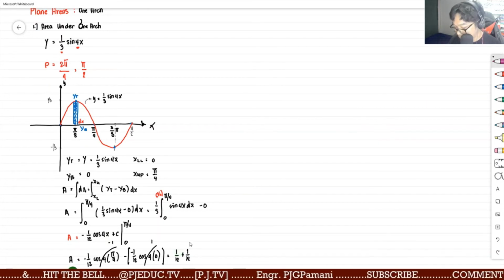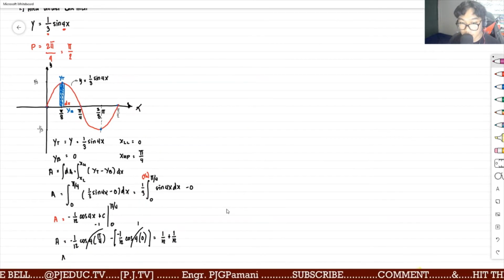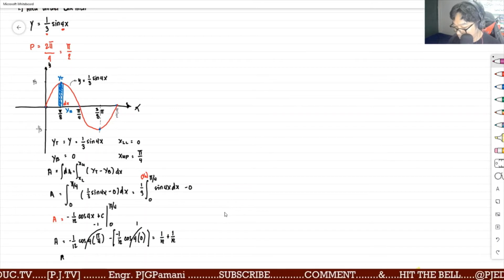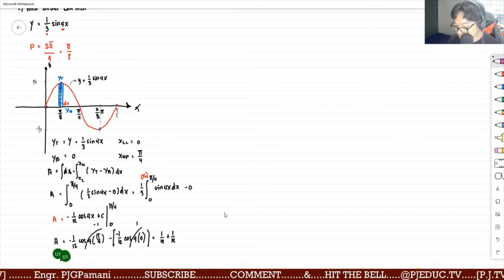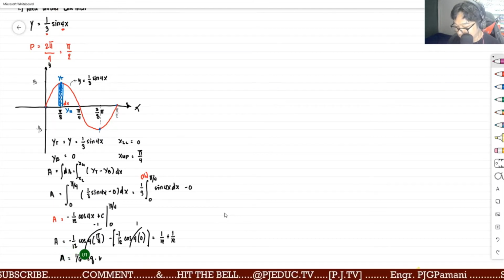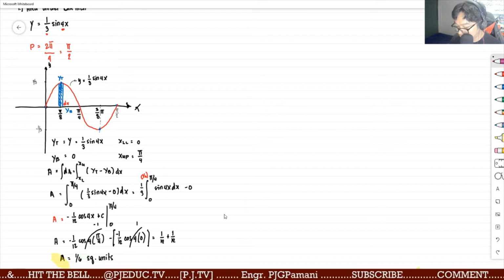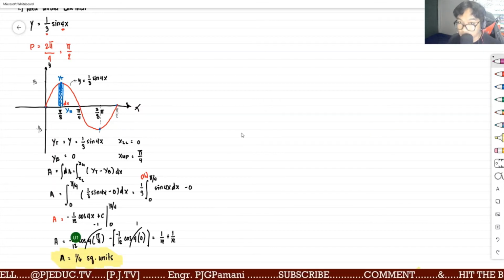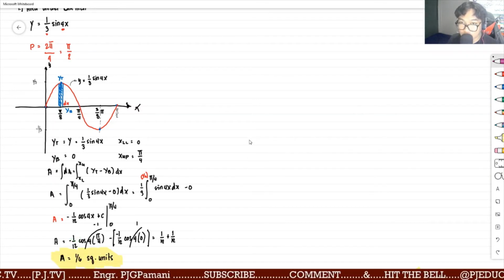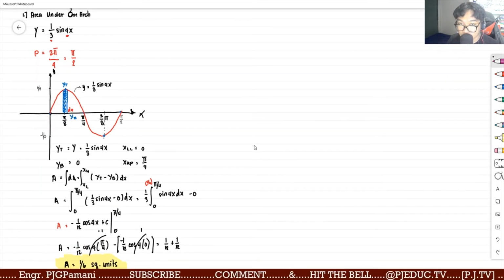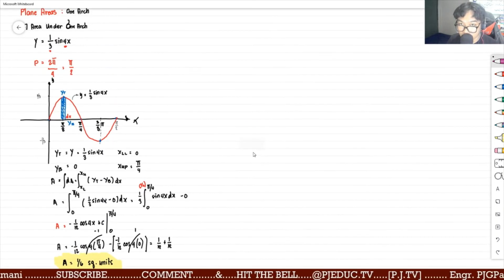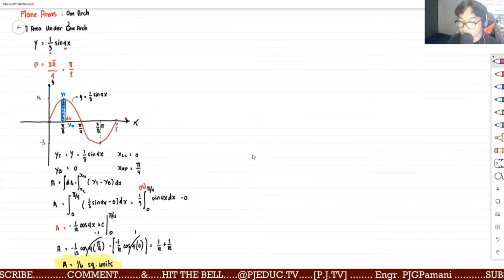Area is now equal to 1/6 square units. So, ito na ngayon yung ating final answer for the area bounded of one arch of a sine curve, of a trigonometric curve. Okay? Yan lang yan.